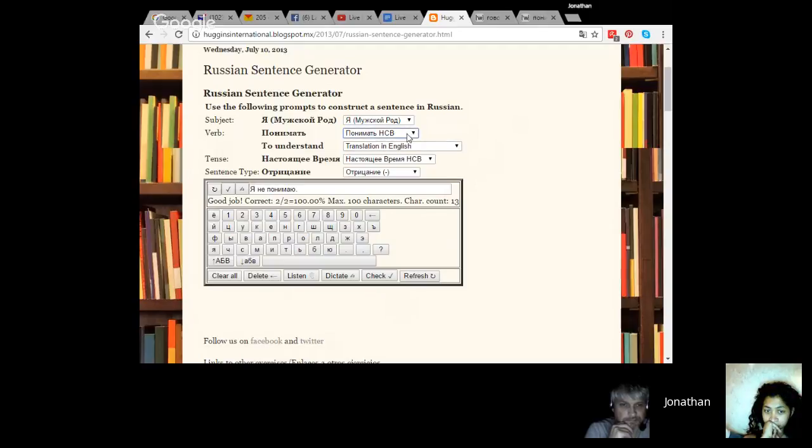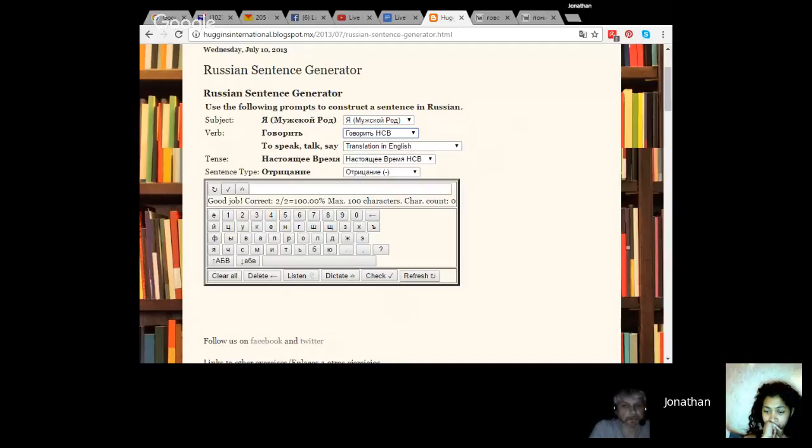So, if I want to practice with the verb govorit, I would go up here to G. Where would I have this? Govorit, or no? I need to work on my spelling. Here it is, govorit. Okay, so there's govorit, to speak, talk, say, depending on the context.